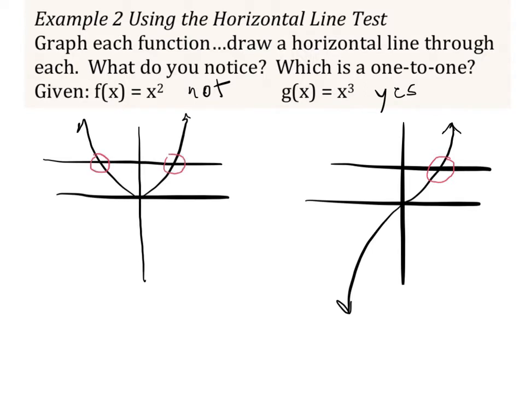So similarly, they're both functions, because if we did the vertical line test, we would only hit one time. But because the horizontal line hits it twice, our x squared is not one-to-one. Okay, so that means that its inverse would not be a function.